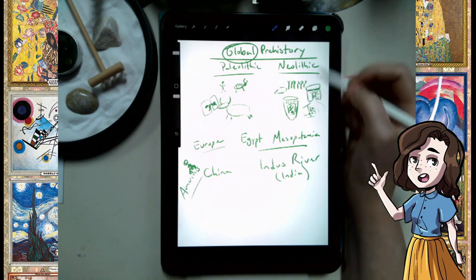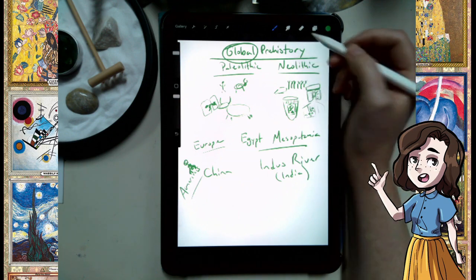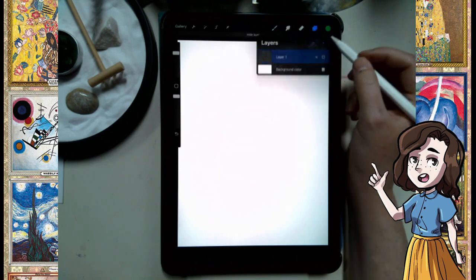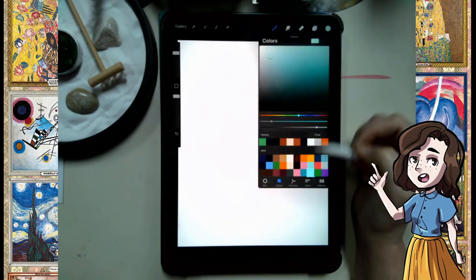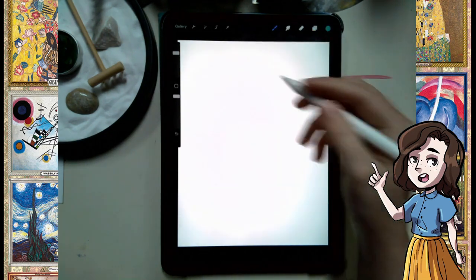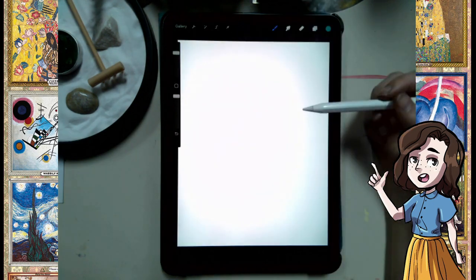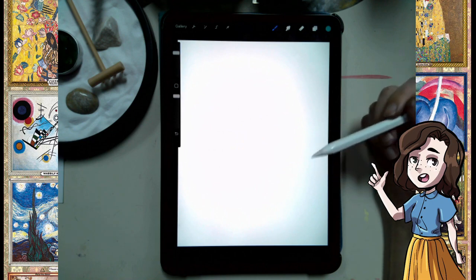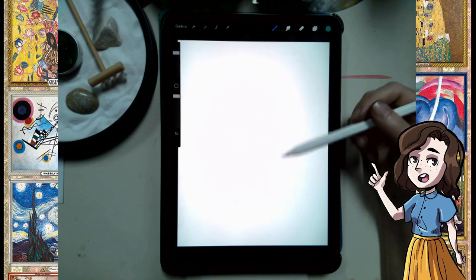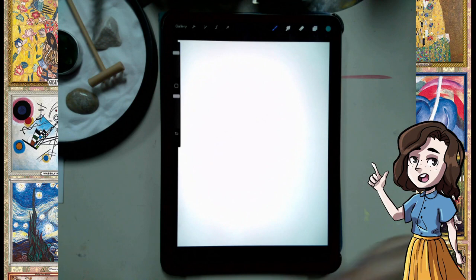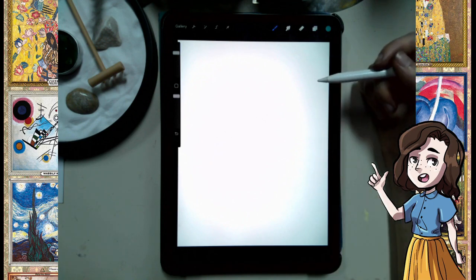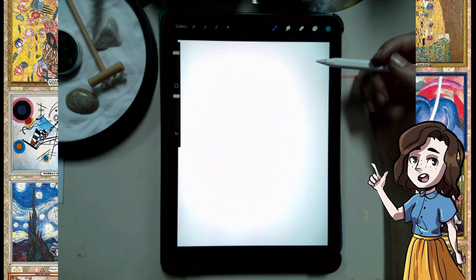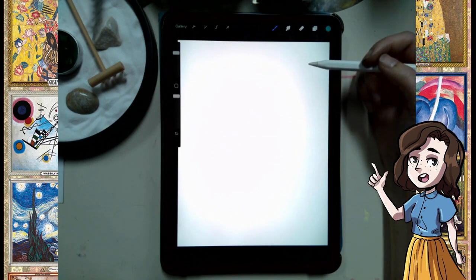So once global prehistory is going, then we get Content Area 2, which is those early civilizations. The big shift between global prehistory and the ancient Mediterranean and all the early civilizations is this concept of civilization. Now, civilization is a loaded term, so that's where timelines get a little wiggly here.